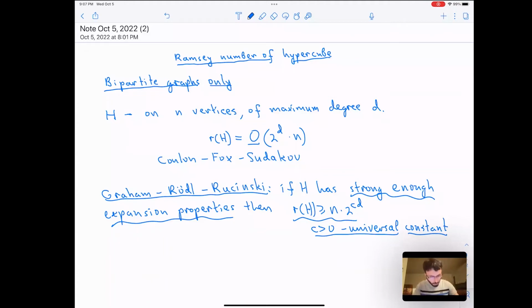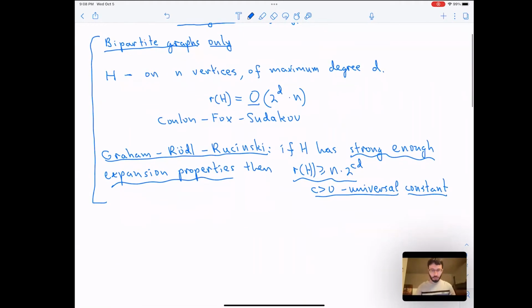So the question that can be asked in this context is what really influences the magnitude of the Ramsey number of a bipartite graph of, say, maximum degree D. In principle, we can expect anything from n, when we consider some trivial graphs with really no structure, to n times some exponent of D, and this is definitely known when the graph has strong enough expansion properties.